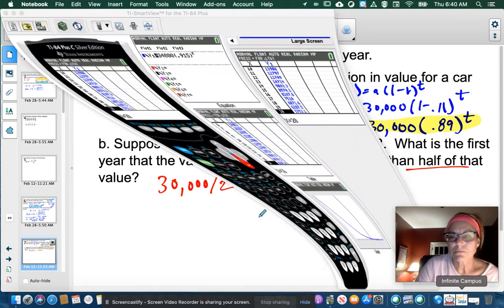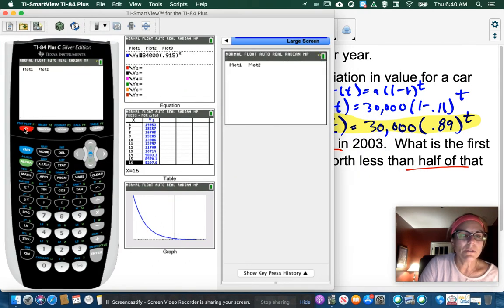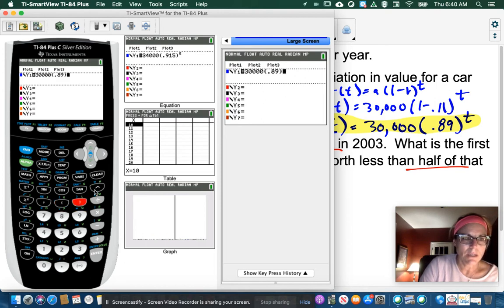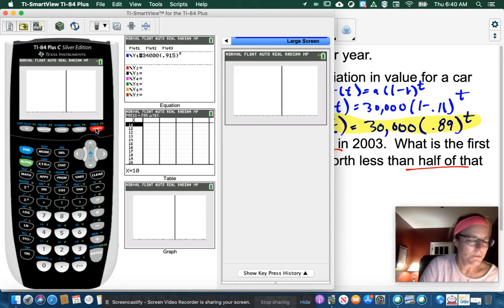Calculator, Y equals, clear that out, 30,000, parenthesis, 0.89, caret, X, graph. I'm good. I'm not going to hit zoom 0. This looks good. It's going down and to the right.